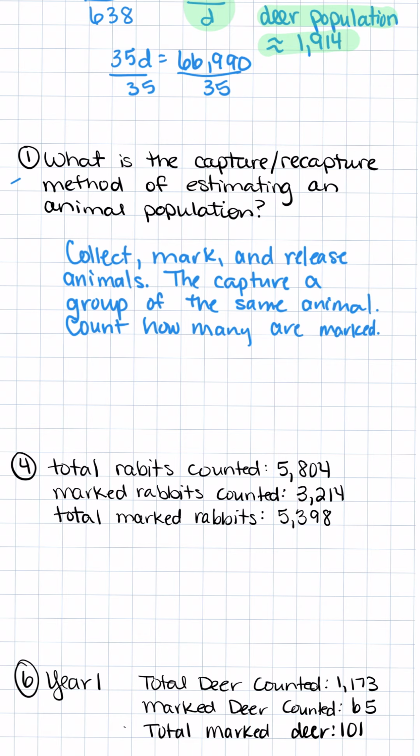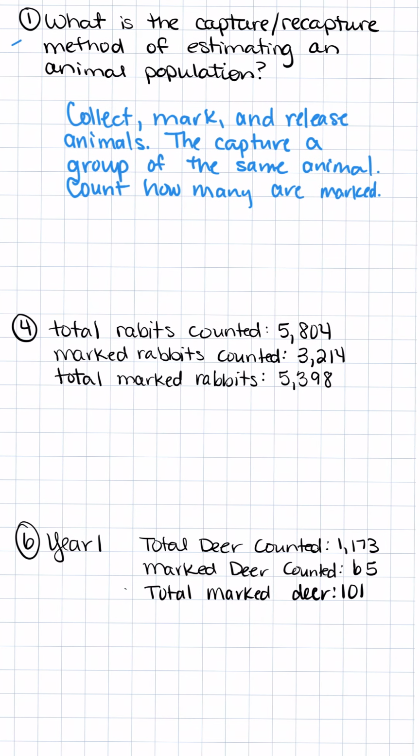And based on how many are marked in this small population group, it's then believed that they're able to estimate the total population in a particular area. Okay, so I'm going to do a few of these that you're going to be doing today just to give you a few more examples.